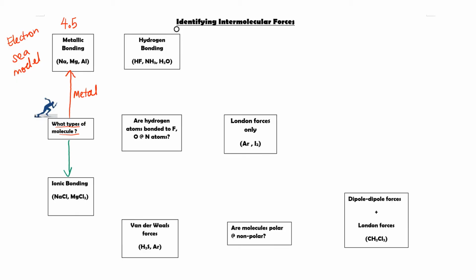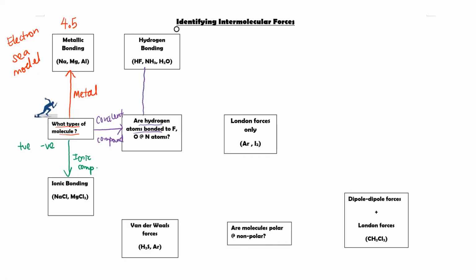If positive ions or negative ions are involved, it is an ionic compound, so there is ionic bonding. If it is a covalent compound, the next question to ask is: are hydrogen atoms bonded to F, O or N atoms?